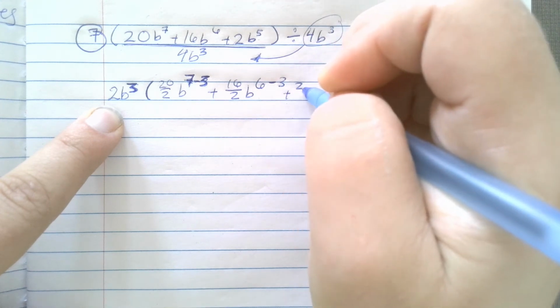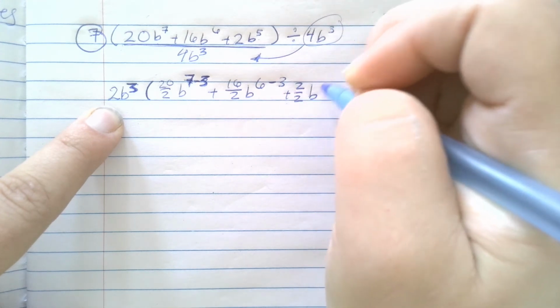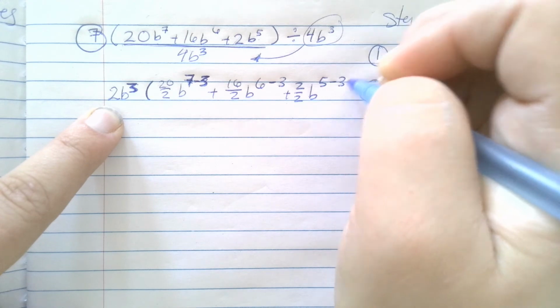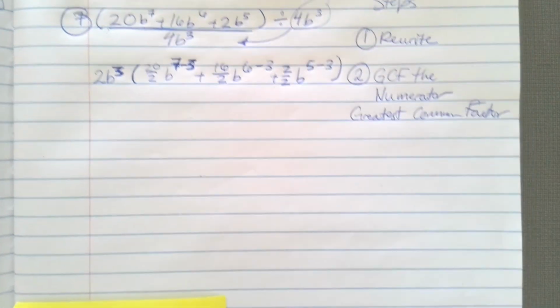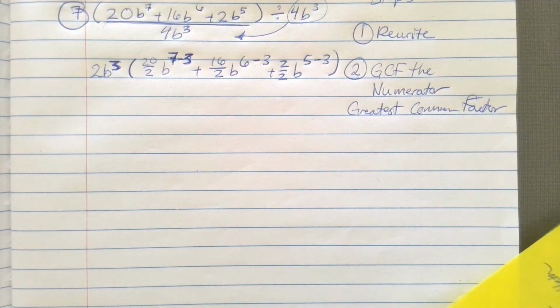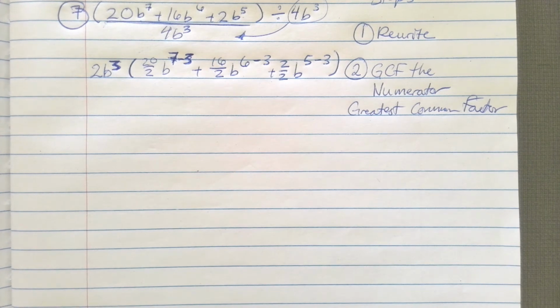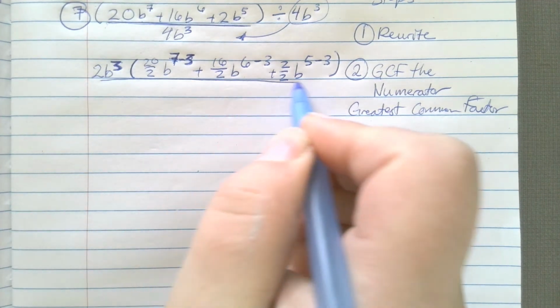I'm thinking 2 divided by 2. I'm thinking 5 take away 3. That's the mental math that I'm doing. Confusing. It's confusing the first probably 2 or 3 times, but you'll start to get it. You guys are smart.